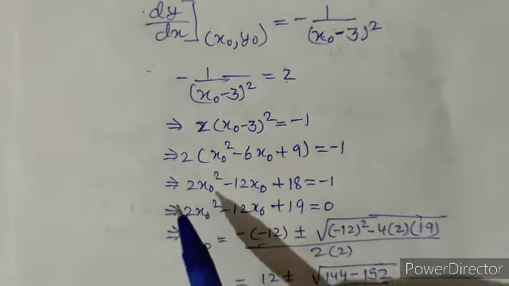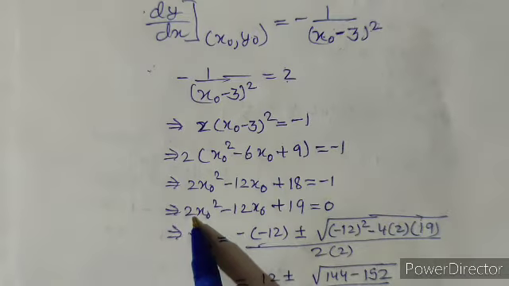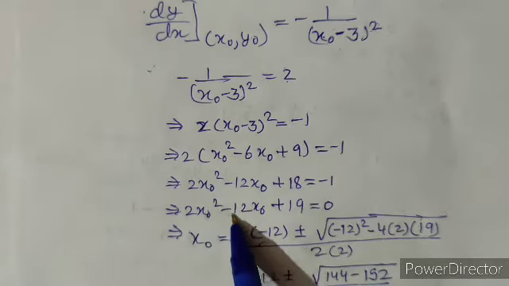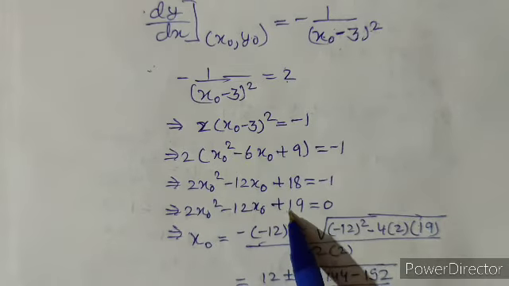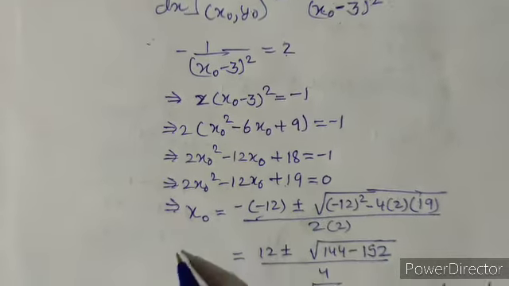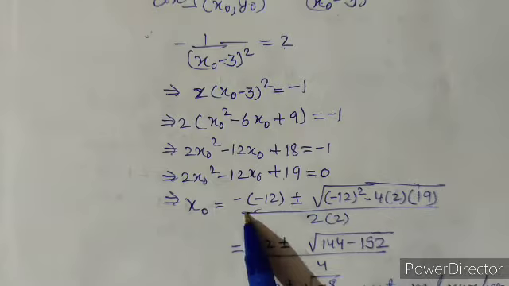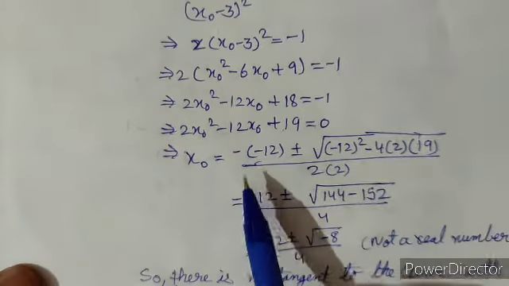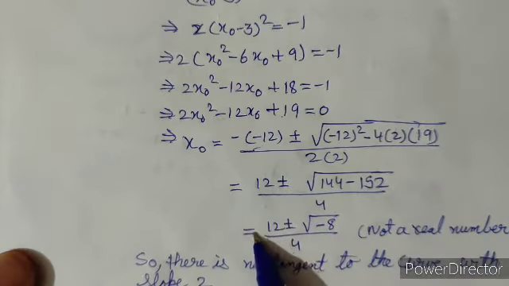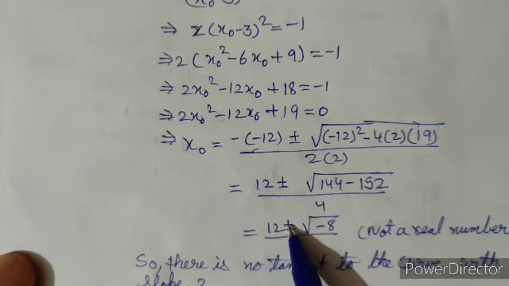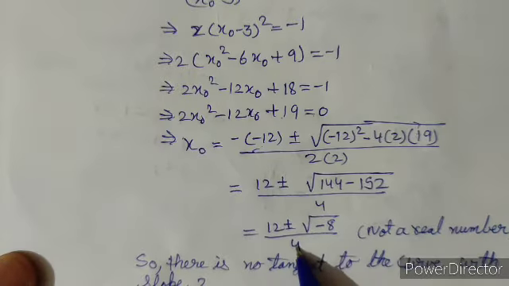Now here this is giving us the quadratic equation 2x0 square minus 12x0 plus 19 equal to 0. Now on solving it by the quadratic formula, we are getting the value of x0 as 12 plus minus under root minus 8 upon 4.